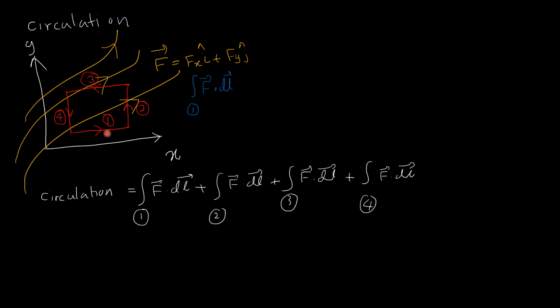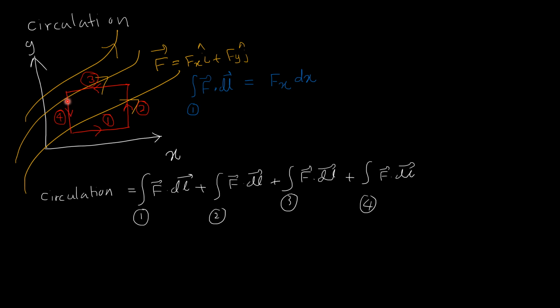Therefore, the line integral along the first path would only be the integral of the x component of our vector field times the length of the path. Let me then take the line integral along path 4, which goes down.